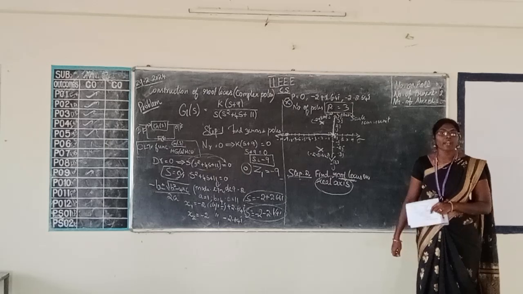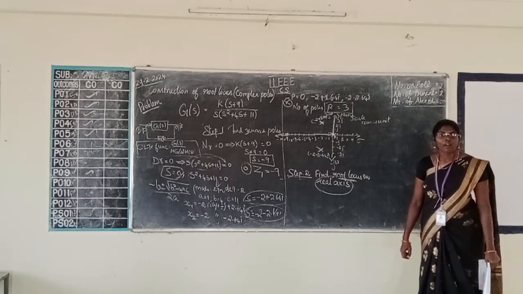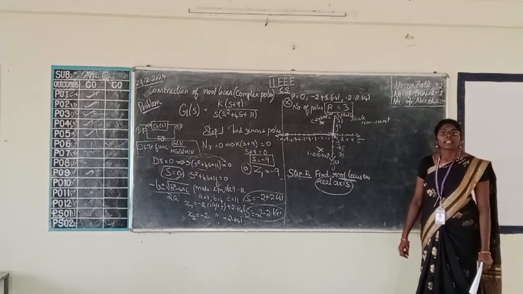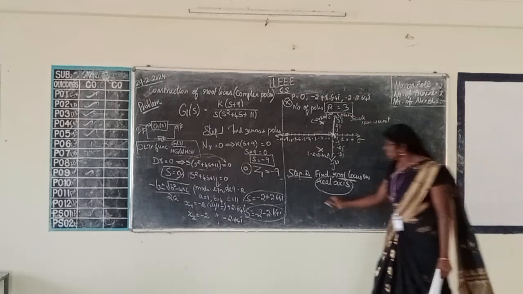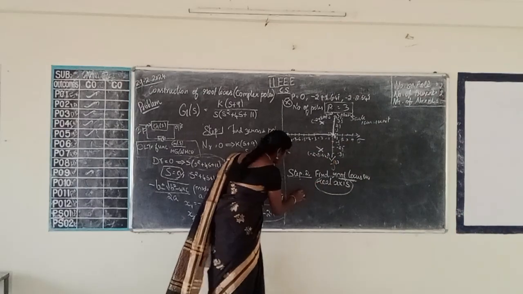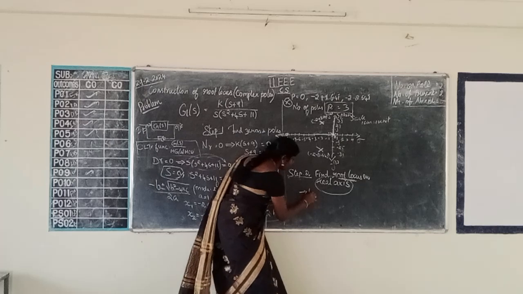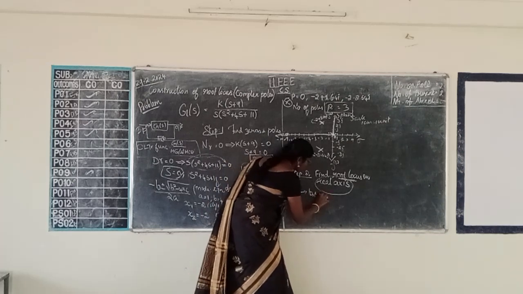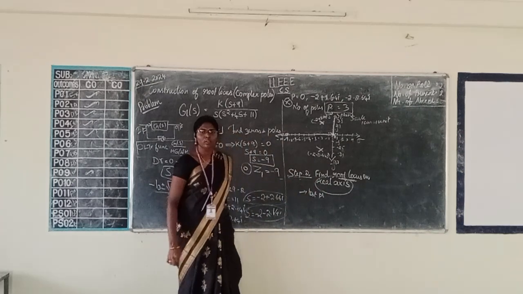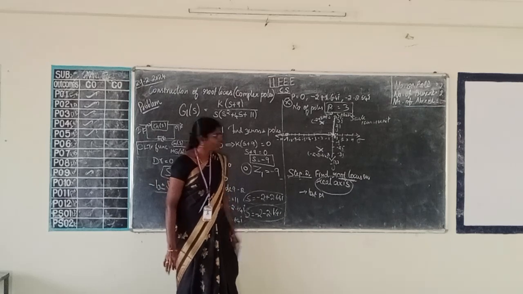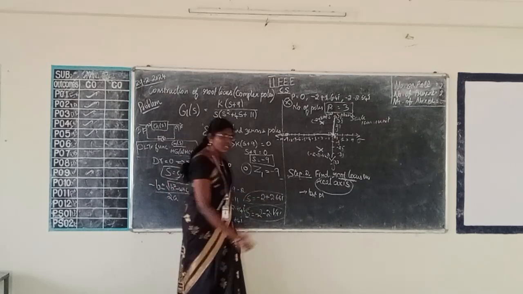To find this out, we have to consider a test point. Okay, just take a point and assume it as a test point. By using this, you are going to find out where the root locus will lie. Now the test point. What is the condition?